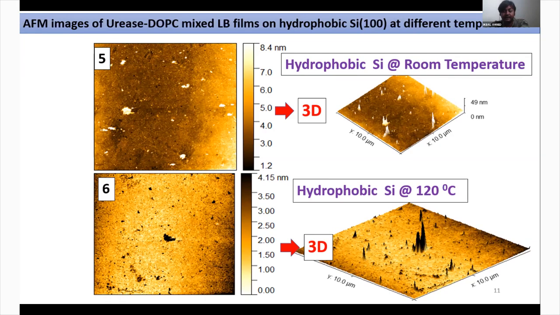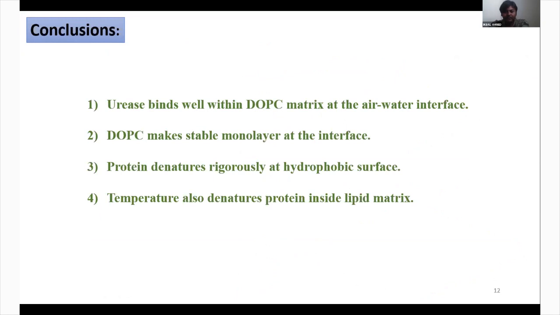We did not find any substantial difference between those. These are my conclusions. Urease binds with DOPC bilayers very firmly at the air-water interface, and the protein gets denatured rigorously on the hydrophobic surface. Temperature denaturation also happens whether the protein is in its native form or entrapped in a lipid matrix.